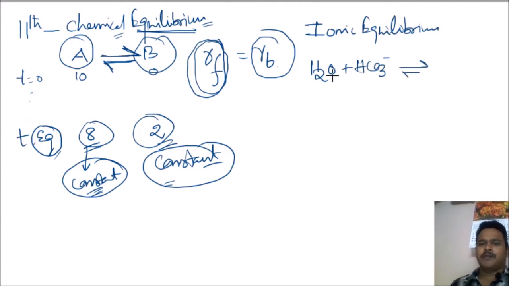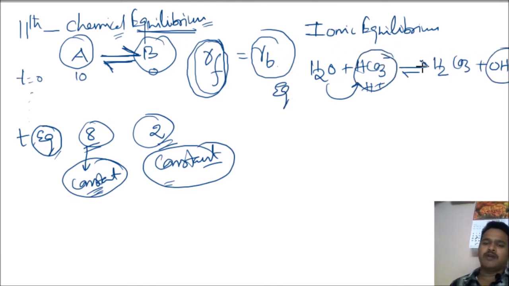Here H plus is given, so it is forming H2CO3 and OH minus. This equation is also at an equilibrium state. Ions are involved, with the same equilibrium definition and equilibrium state, everything is the same. Since some ions are involved, we can say it is an ionic equilibrium.